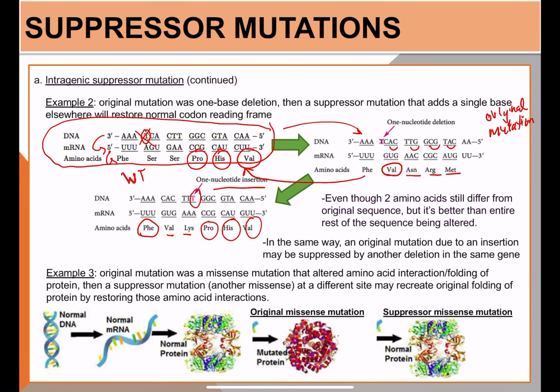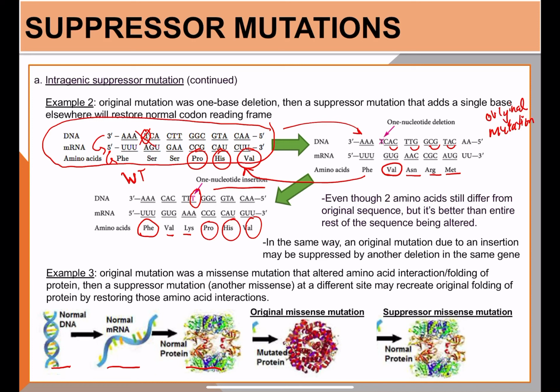All right, now example 3, a third way suppressor mutation can work is by affecting the overall protein structure and shape. For example, here you have your normal DNA sequence and then your normal mRNA sequence, and you have your normal protein function, shape, and structure, okay?